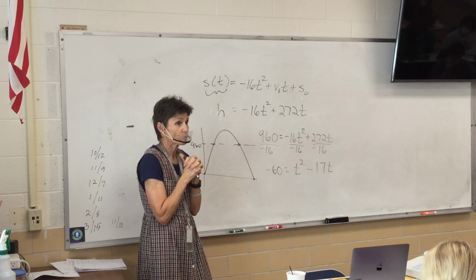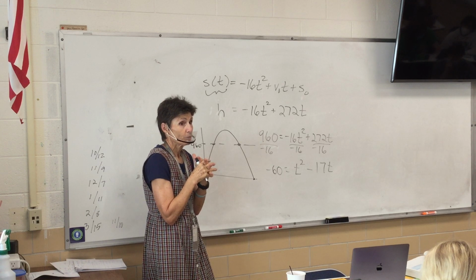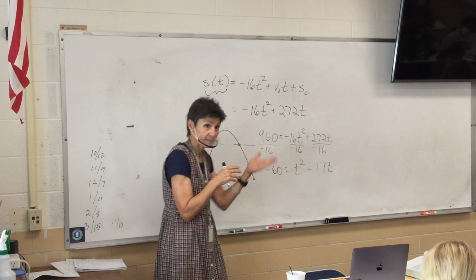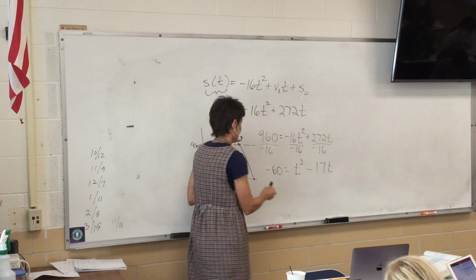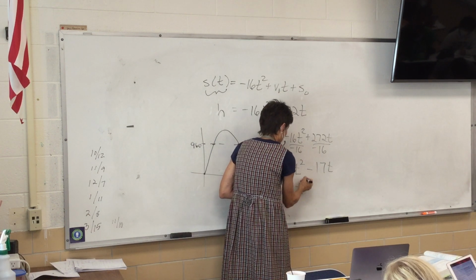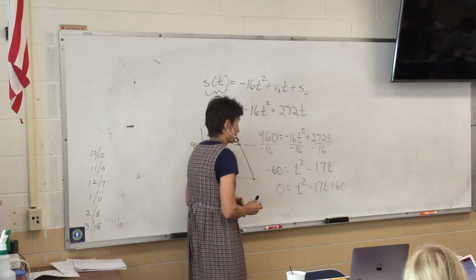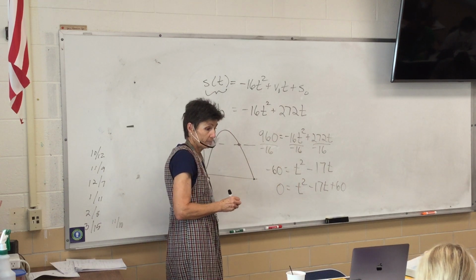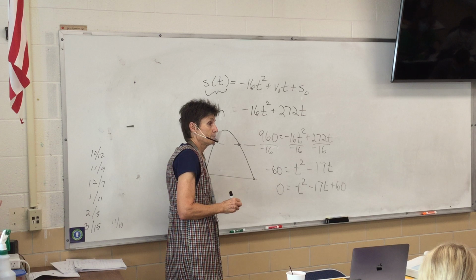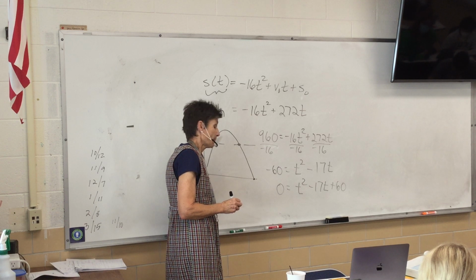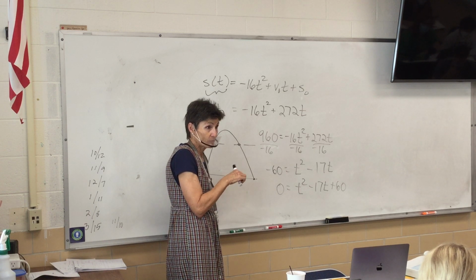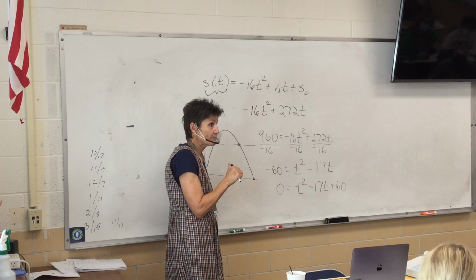Now what would you suggest we do? You do have to do this. You want to get that 60 on the other side? And then we can actually factor that, 12 and 5.